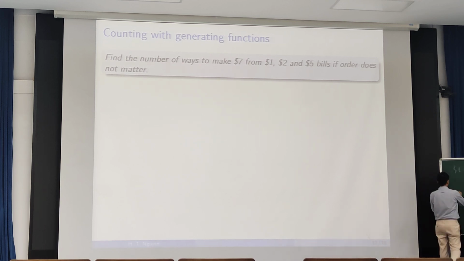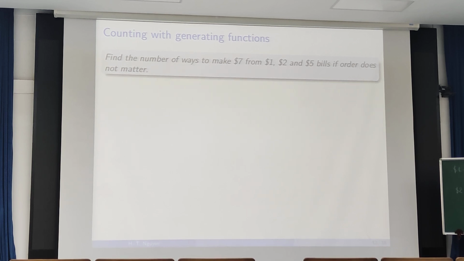And similarly, if we use only $2 notes, then we can make 0, 2, 4, and 6, and so on. We have one way to make $0, so it corresponds to x to the power 0.